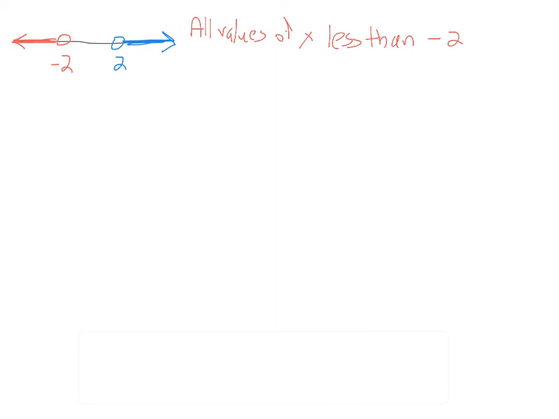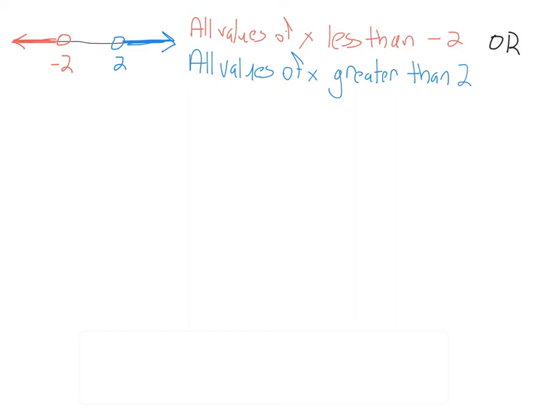And on the right, in blue, we have all values of x that are greater than positive 2. And we would want to include any value of x that falls either in this set or in that set. So in other words, we can say these are all values of x that are less than minus 2 or all values of x that are greater than 2.